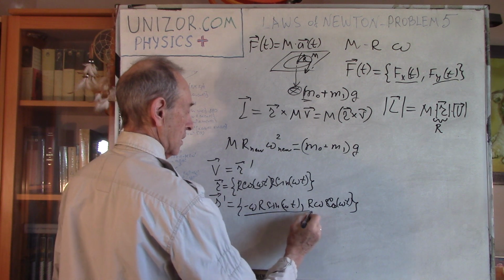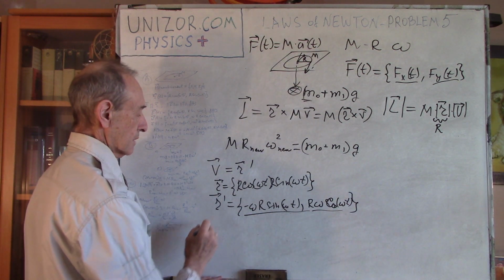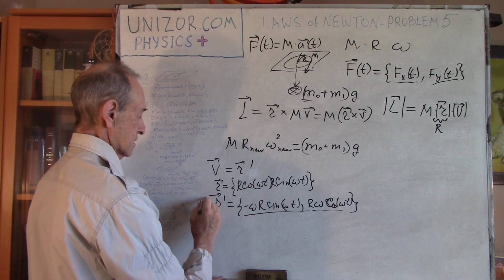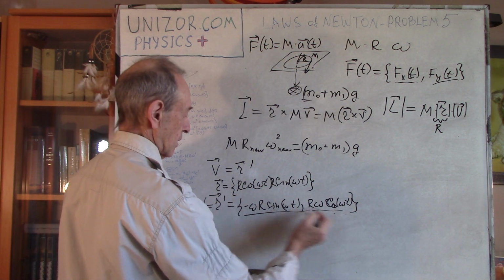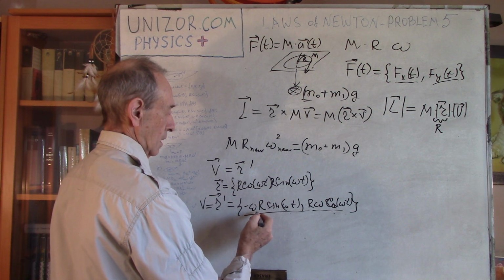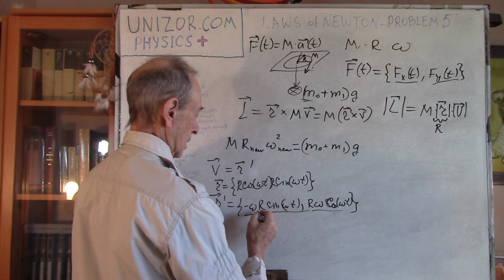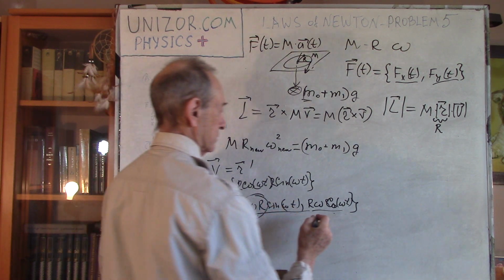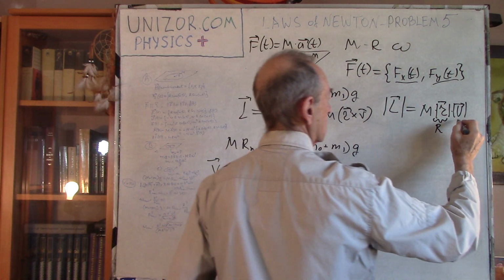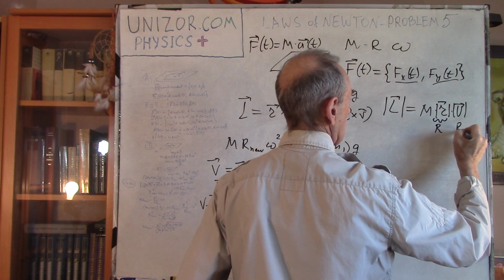So there, the magnitude of this vector, this is v. The magnitude is square root of the sum of squares, which is basically r omega. So the magnitude of v is r omega.